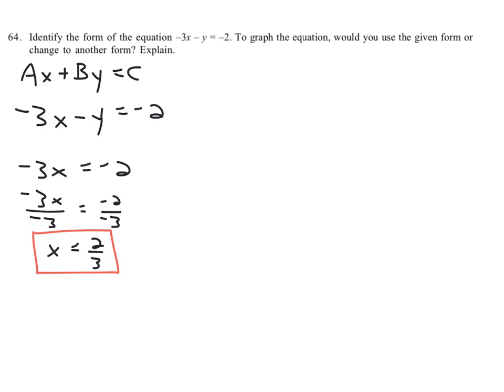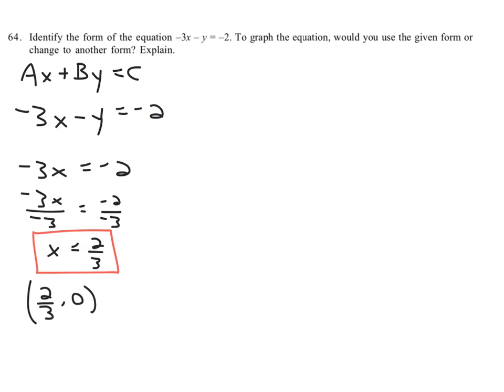So we could say we have a point called 2/3, comma 0, and you should know that any point that's on the x-axis has a y-coordinate of 0, and that's the whole reason why you can cancel this out, because you're essentially substituting 0 for y.